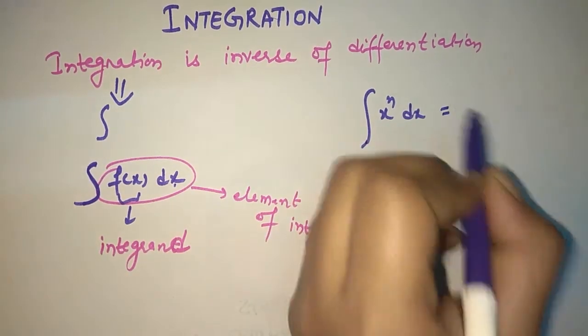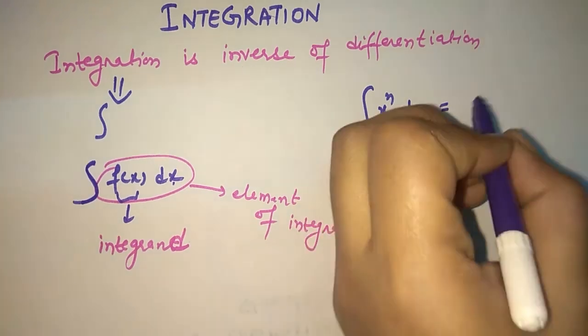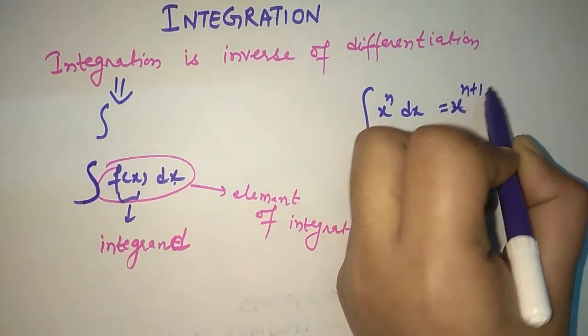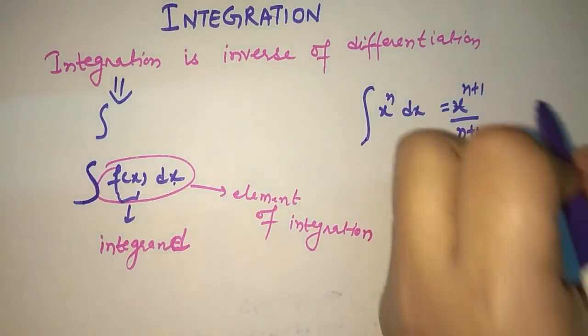Now, in differentiation, we used to reduce the exponent by 1, but in integration we have to increase the exponent by 1. And in differentiation we used to write the exponent in front as a coefficient, and in this we will write the exponent as the denominator. So let's see what is the formula. It is x raised to power n plus 1 upon n plus 1 plus c.